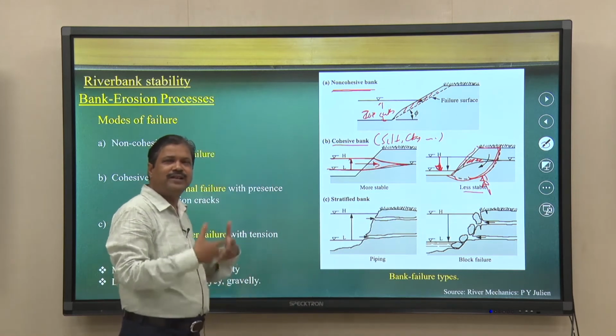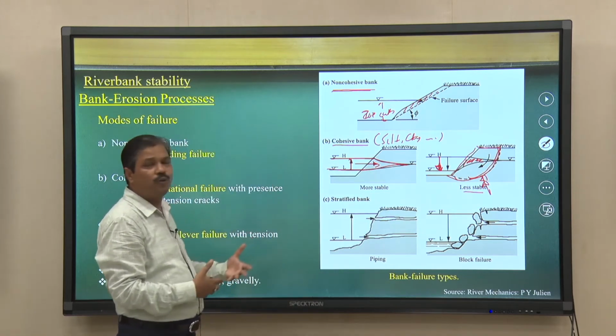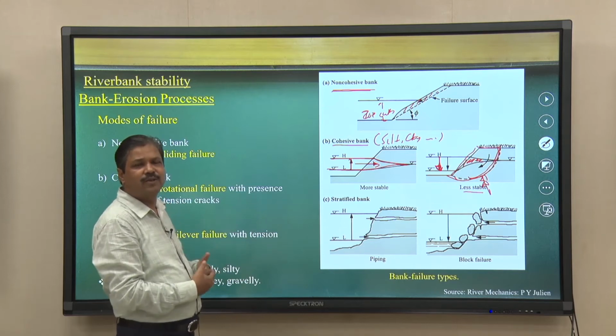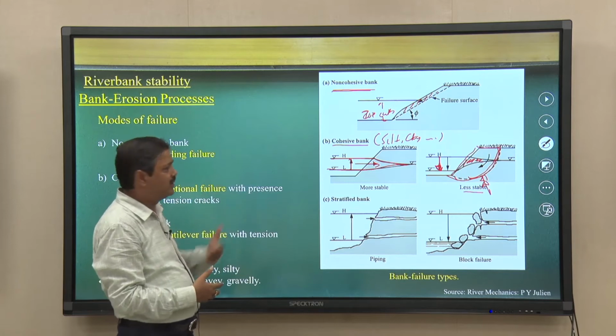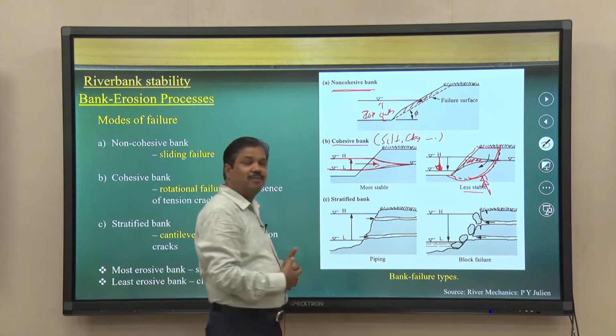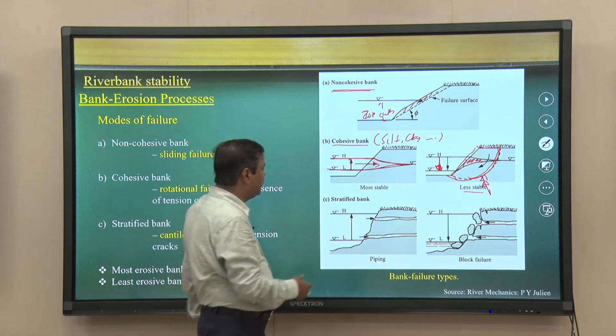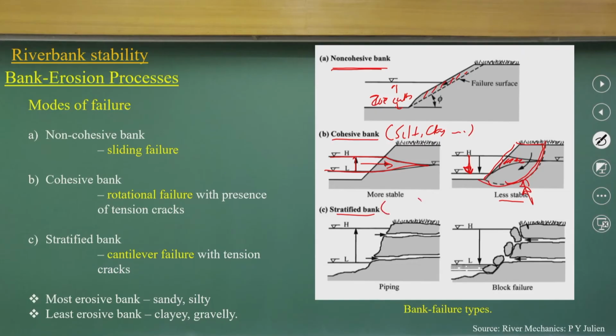You can do a geotechnical analysis to know what type of geotechnical failure cycles, failure surface and all the things you can understand. But in some cases like alluvial rivers, as we studied in more detail for the Brahmaputra river, there will be stratified layers.